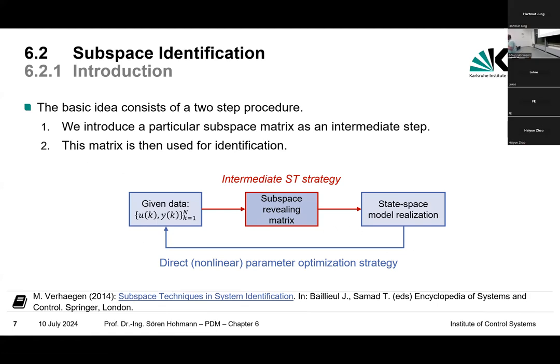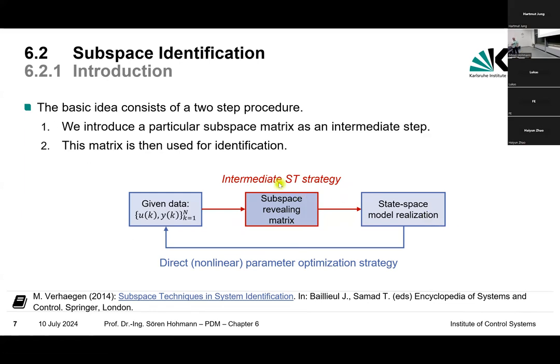The subspace identification is completely different to the one-step procedure. It represents the data first differently in a certain setting. And the main thing in between is a subspace revealing matrix. What it is, we talk about in a second.